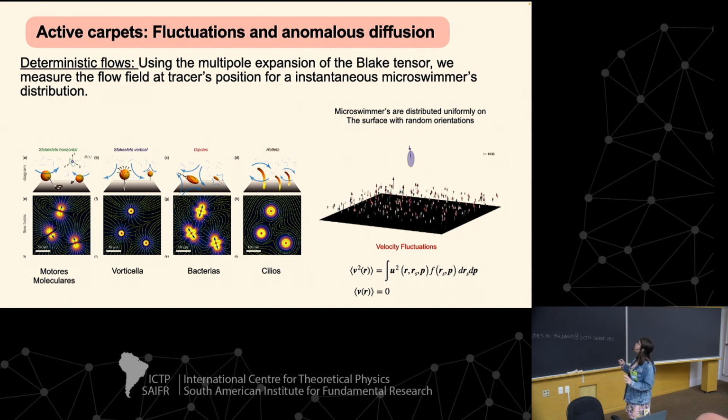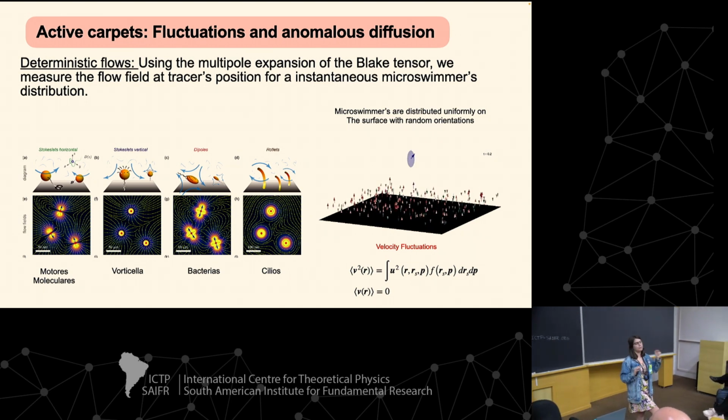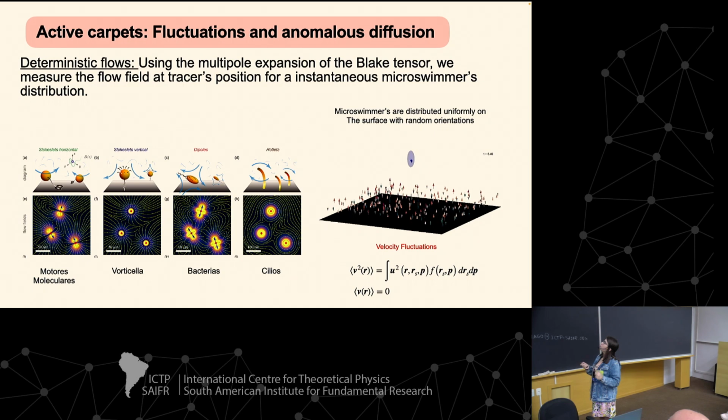Now we will consider that our bacteria are homogeneously distributed above the solid boundary. So we don't have an architecture now. We have just random motion, random orientations, and now we will consider 4 different kinds of microswimmers.